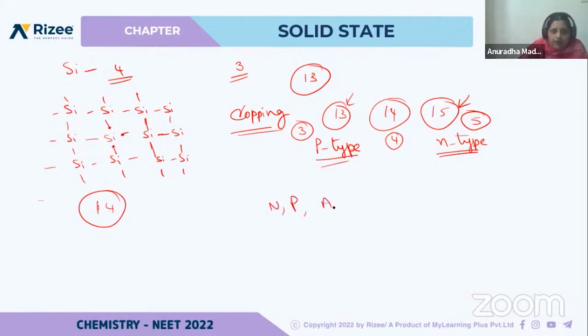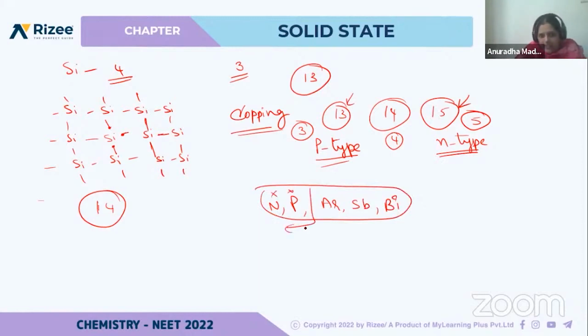Nitrogen, phosphorus, arsenic, antimony, bismuth. We can't do doping with these two as they are gases, so with these three we can do doping. Let's take arsenic here. So we'll replace one silica with arsenic.